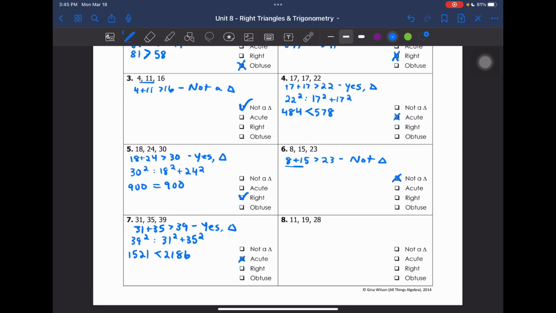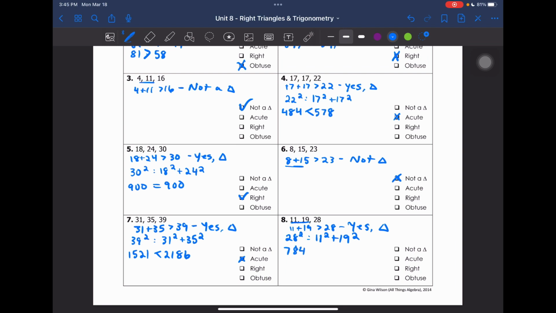And then let's look at number 8. These are our smaller sides, so let's add these two together. 11 plus 19, is that greater than 28? Well, 11 plus 19 is 30. 30 is greater than 28. So yes, this does make a triangle. Let's see what kind. 28 squared compared to 11 squared plus 19 squared. Well, 28 squared is 784.